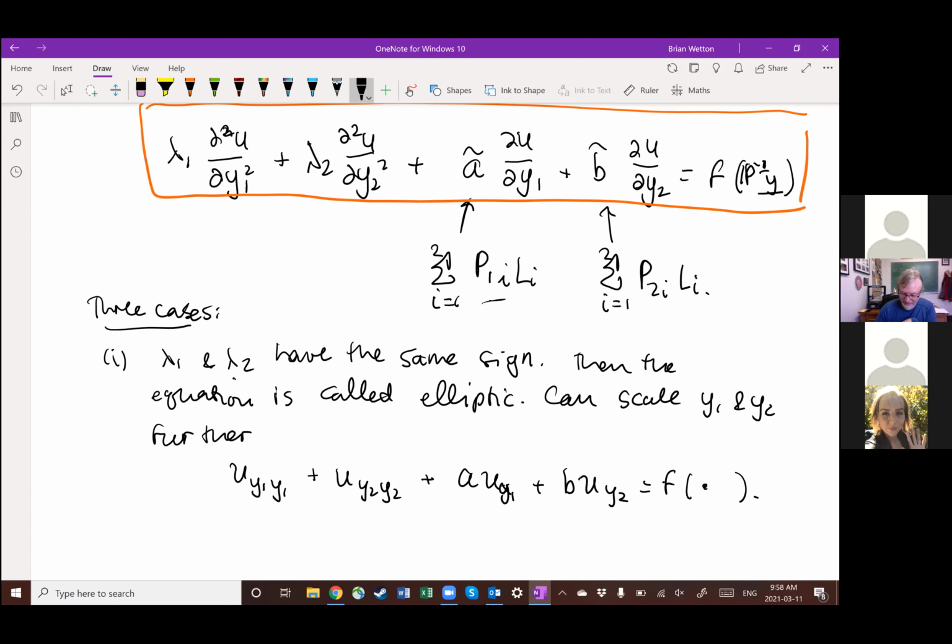These are just entries of the matrix. These guys here are a row of this matrix P, so these are the first components of the two normalized eigenvector directions.